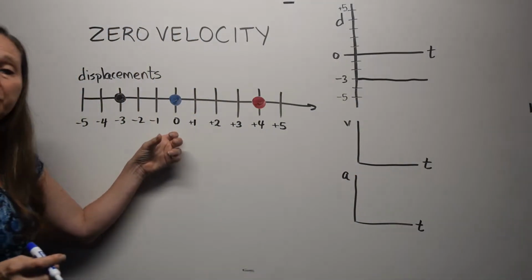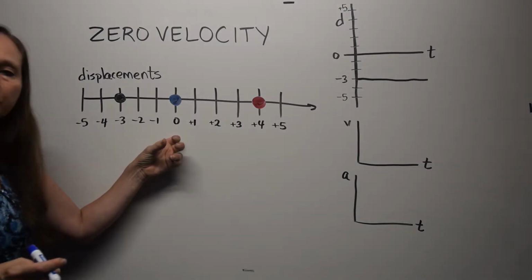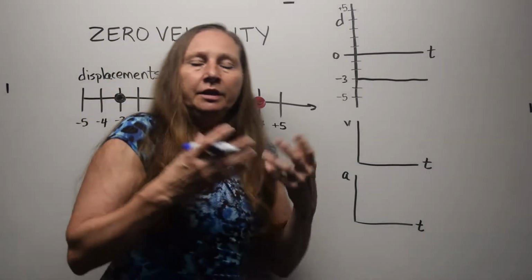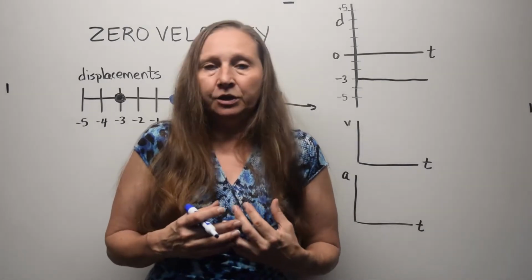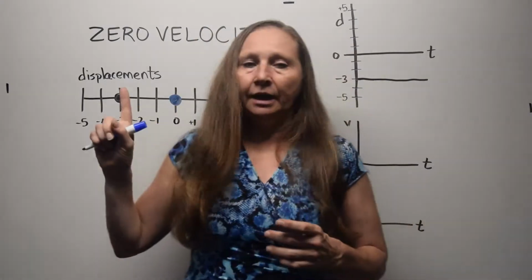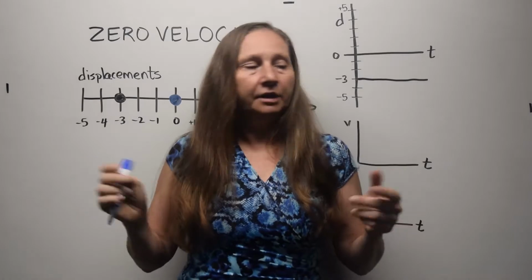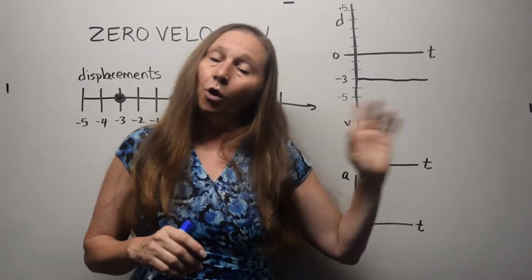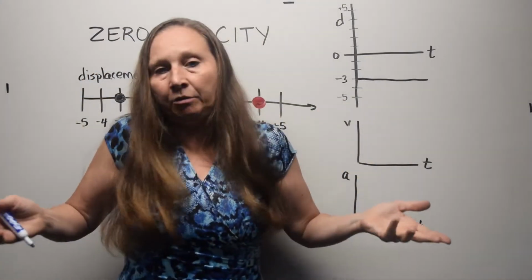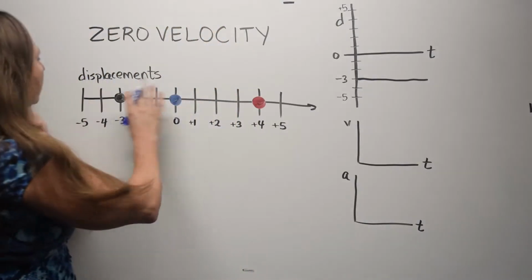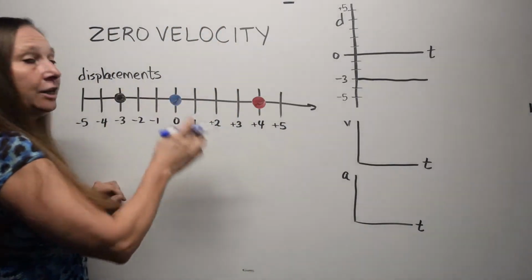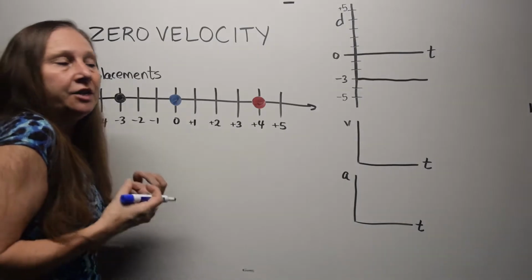Now, this person is standing at 0, and this person is not moving. In other words, if I'm the person standing at 0, this person at -3 is over that way to my left, and this person at +4 is standing over there to my right. This is positions, displacements or positions. Where are they standing?